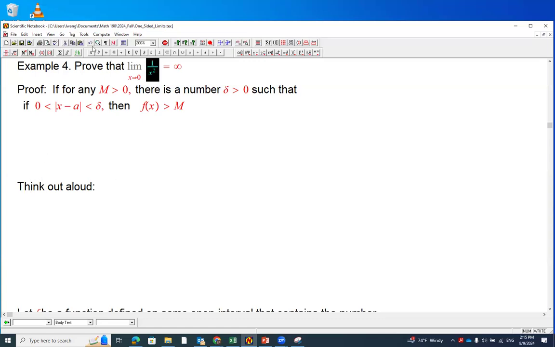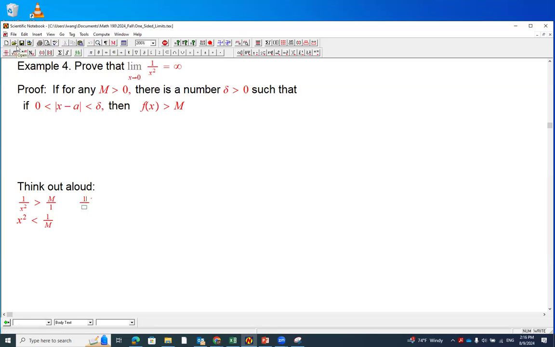So we want this piece to be larger than M. Okay, larger than M. If I want that to be larger than M, if I write it down as M over 1 and flip it, then we're going to see X squared is going to be what? It's going to be less than 1 over M, right?